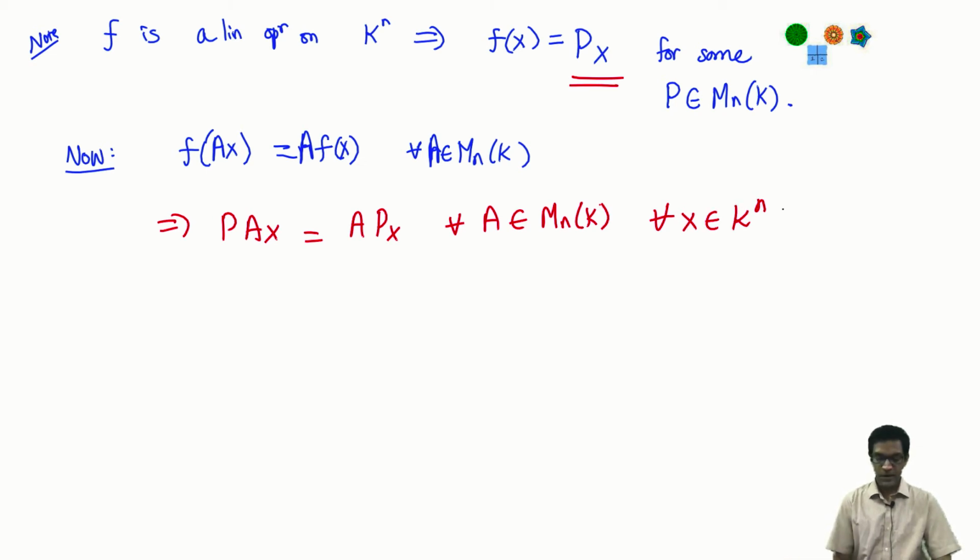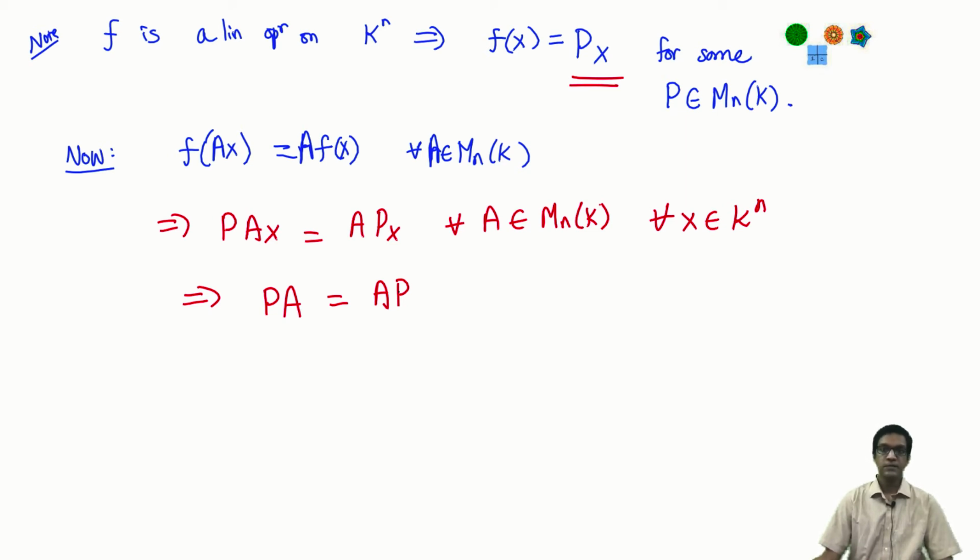Now what does that mean? Well, it's saying that the matrices PA and AP give me the same answer when I multiply by x, for all x in K^n. This means in particular that the matrix PA has to be the same as the matrix AP. When I multiply by every vector I get the same answer, which means those two matrices are actually equal.